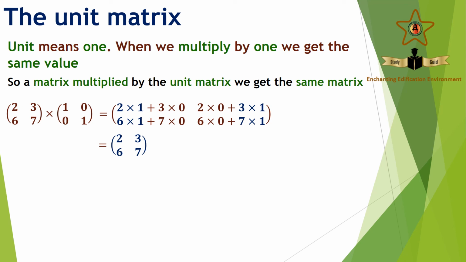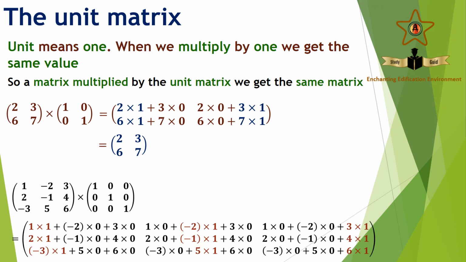So now we can get the idea why this matrix is known as the unit matrix. We can do the same thing. Now I have taken a 3 by 3 matrix, so we have to multiply it by a 3 by 3 unit matrix. So in that 3 by 3 unit matrix, the main diagonal has all ones, all off main diagonal elements are 0.